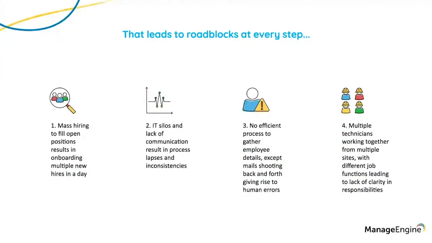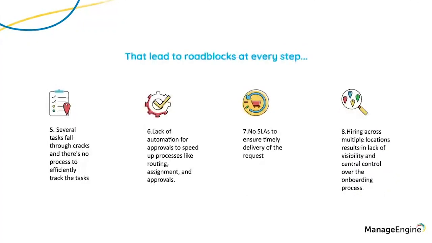And if there are several technicians working together, again, there is no clarity on who does what. So you could see that all the tasks may fall through cracks, and there is no automation for processes like approvals. As we discussed, approvals are very essential when it comes to service requests. So if there is no automation, the process might get very, very slow. And then again, SLAs, which are very important. If there are no SLAs to ensure timely delivery, that's another roadblock.